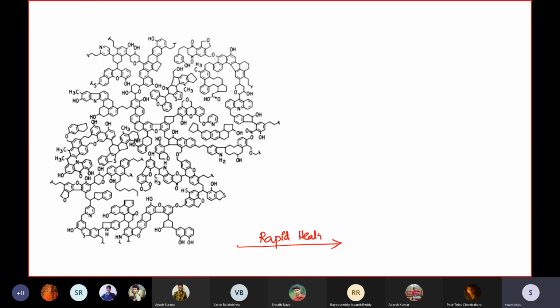If you do the rapid heating, thermal decomposition happens. So what is meant by thermal decomposition? Wherever there is a covalent bond, it will be broken. During thermal decomposition, the covalent bonds between the molecules will be broken.